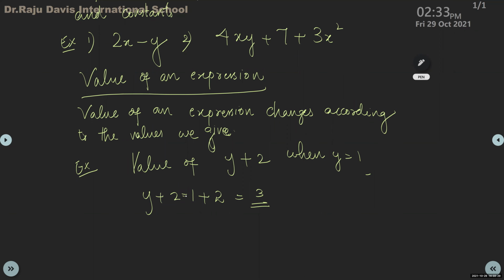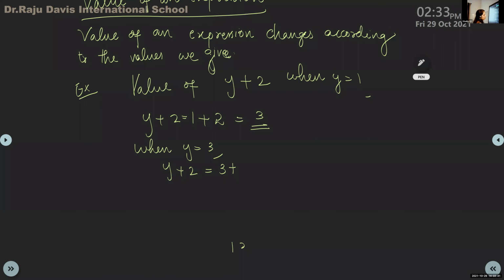Then when y equal to 3, y plus 2 equal to 3 plus 2 equal to 5. So the value of an expression changes according to the values we give. Clear, children? Yes, ma'am.